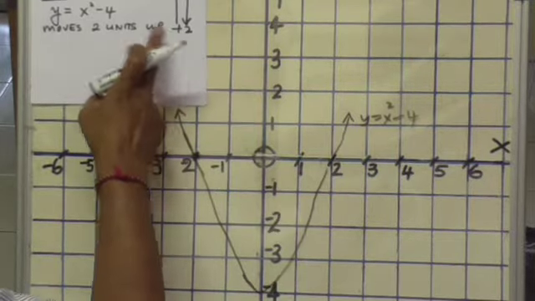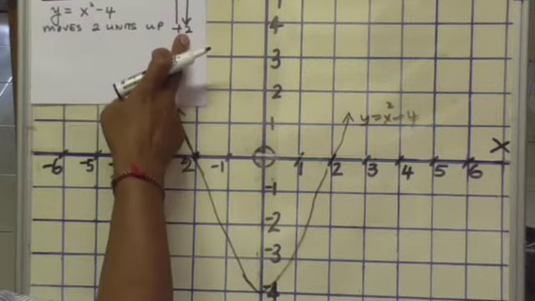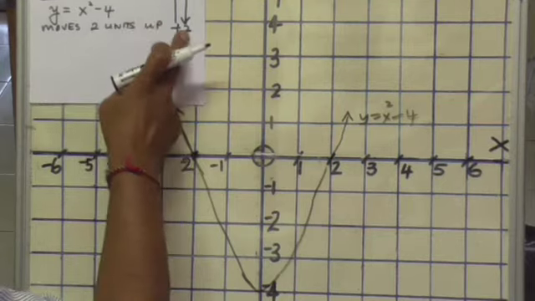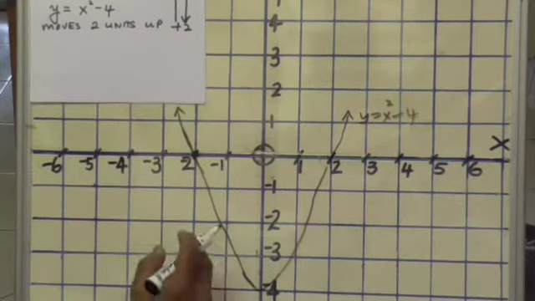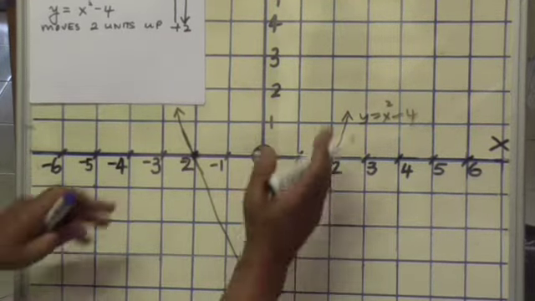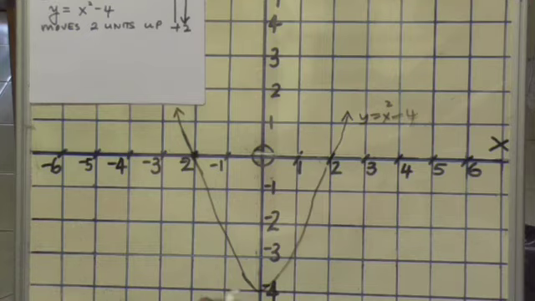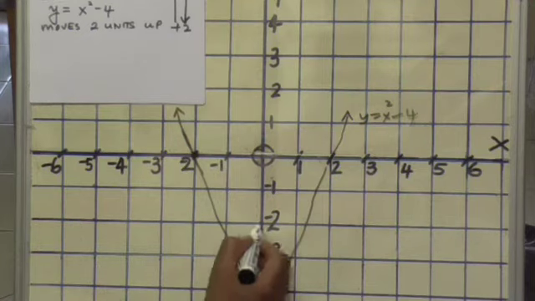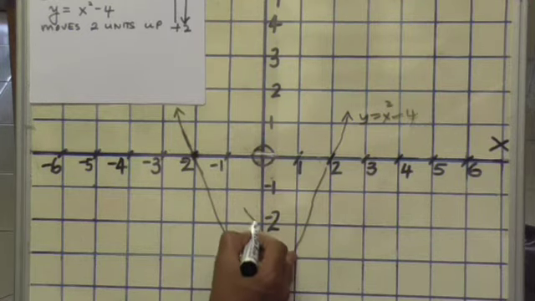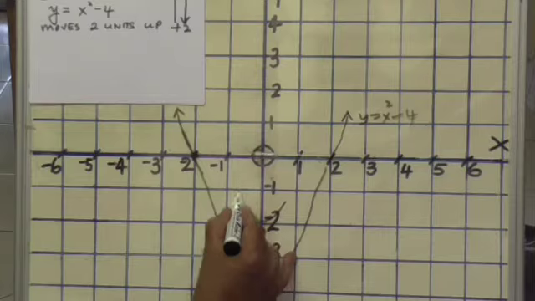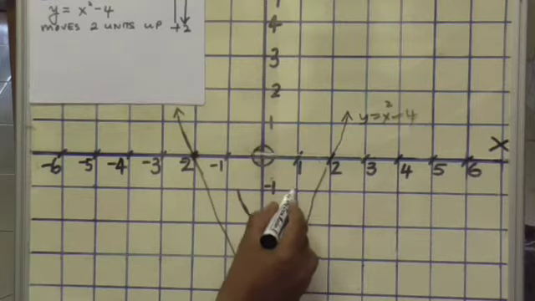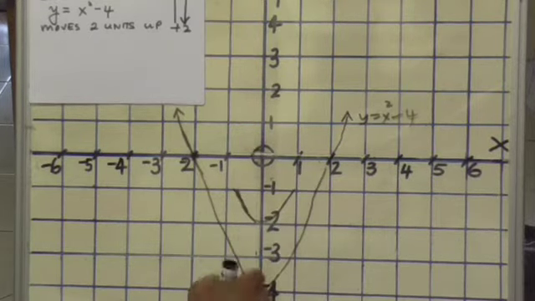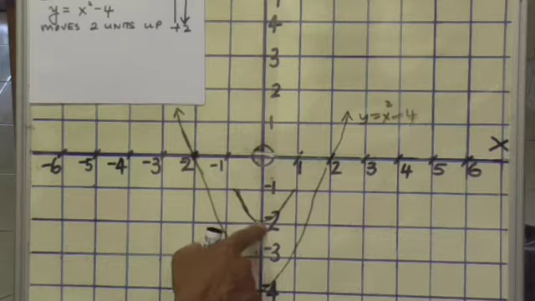Plus 2 where? The y-intercept will simply mean it's y-intercept plus 2. So if this whole graph moves up, then this y-intercept will move up 2 units. So the graph will turn here. Okay? 2 units up, so it goes there.